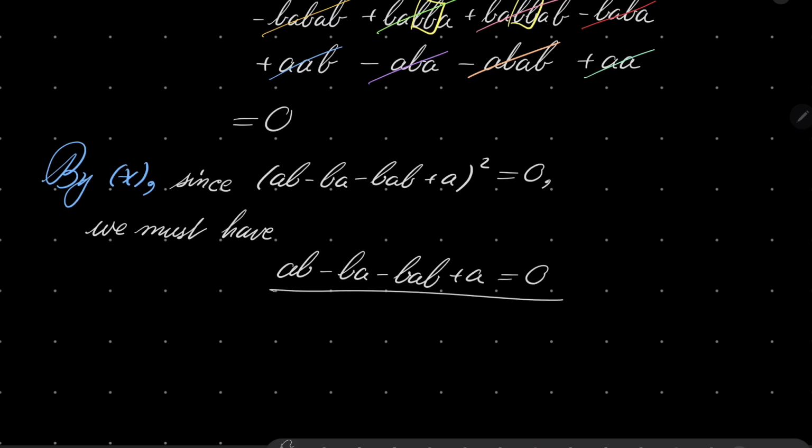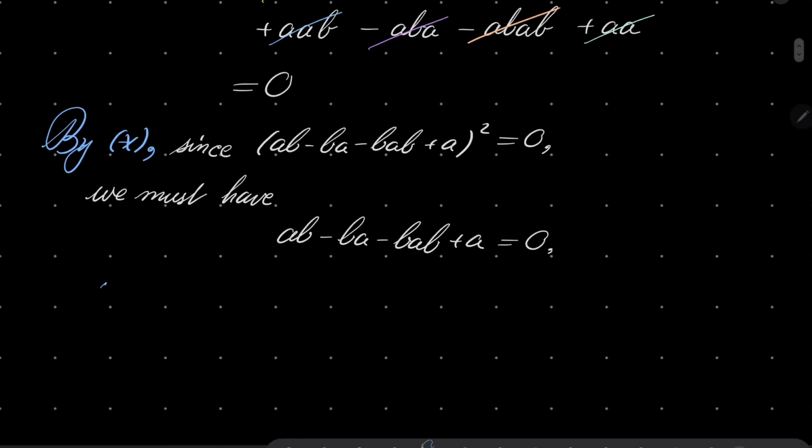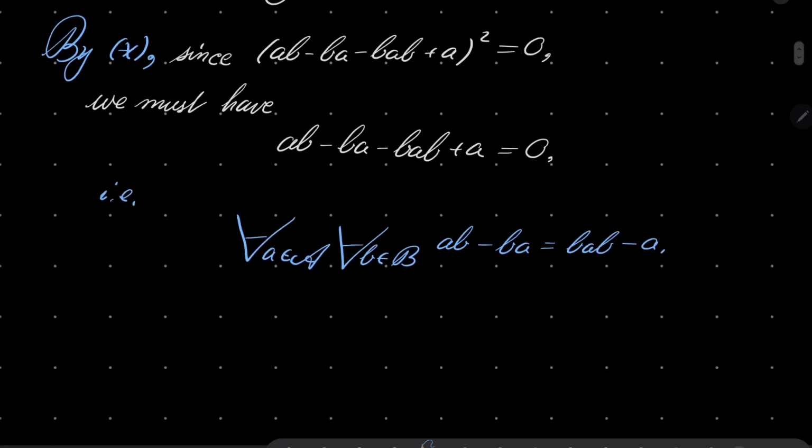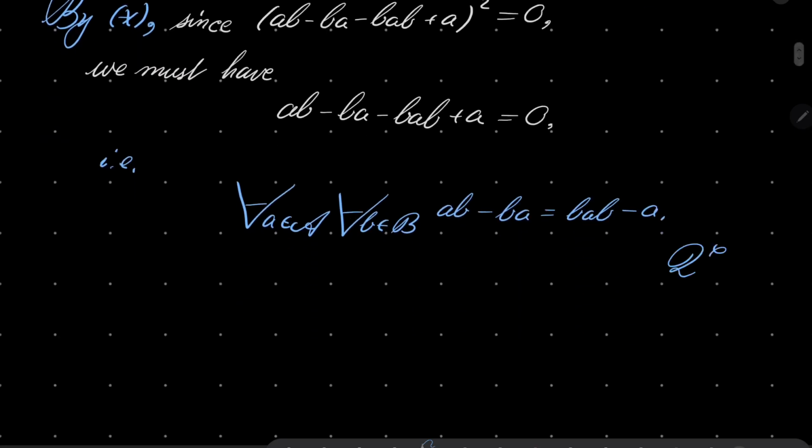Because if it were not 0, then its square also wouldn't be 0. Which means, after taking some elements to the right hand side, for every element A of A and for every element B of B, AB minus BA equals BAB minus A, which closes the proof of part A.